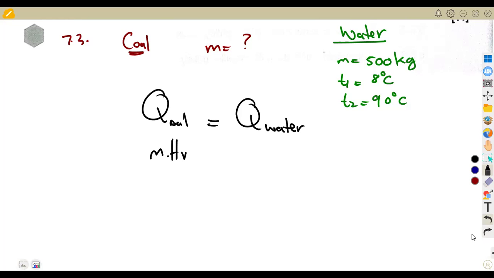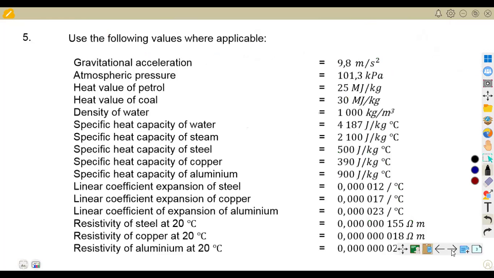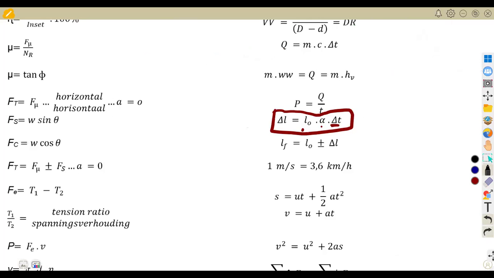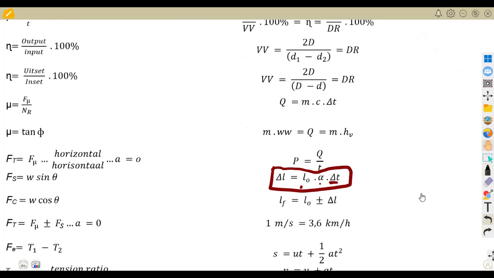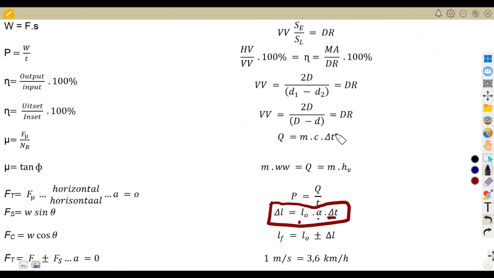All right, let me take you to the formulas. Then for water, let me just write mass times the specific heat capacity times the change in temperature. So like I said, let me take you around the formulas so that you see what I'm trying to say. If you check here, there are formulas for Q. This one is for when you're dealing with liquids, where there's specific heat capacity.